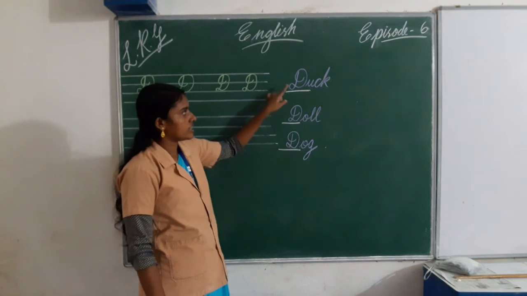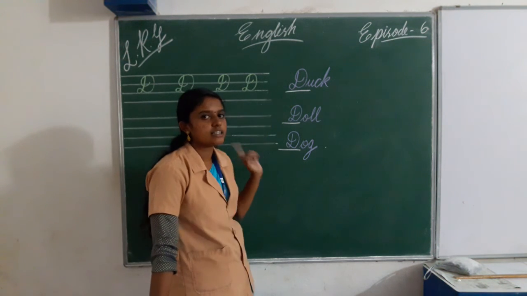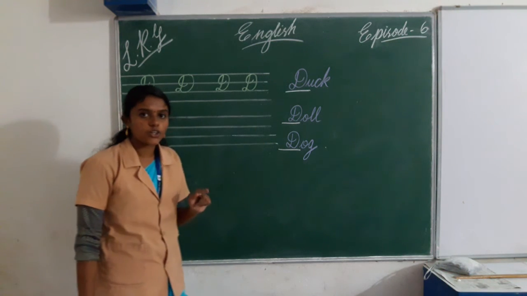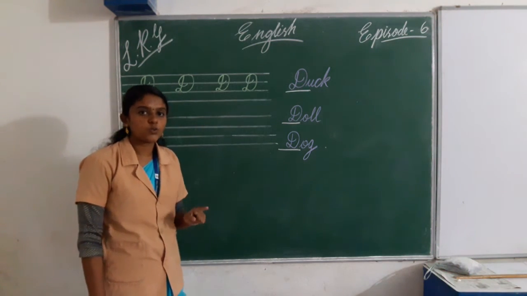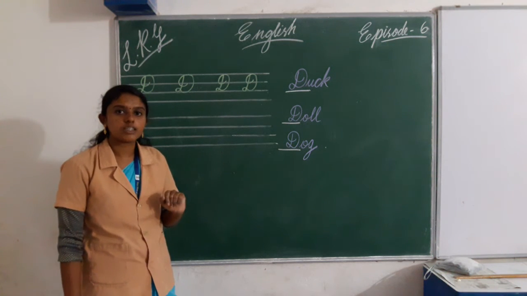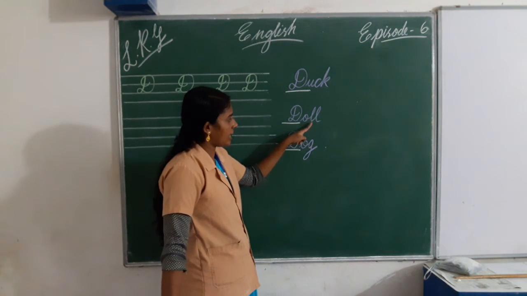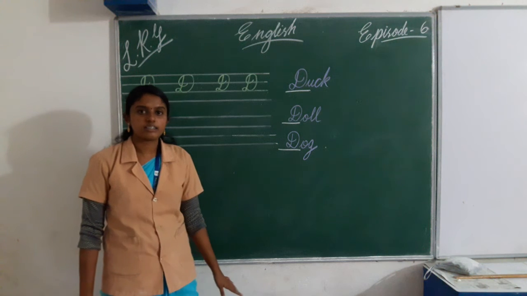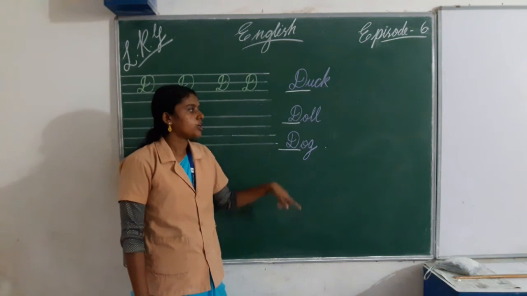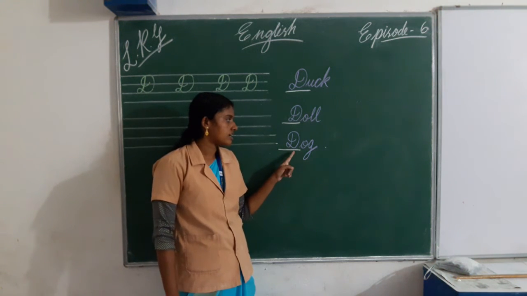D-O-G. Dog. Duck. What is the first word? Say now. Duck. D for duck. D-U-C-K. Next, D-O-L-L. Doll. Say doll. D for doll. Next word. Third word. What is this?